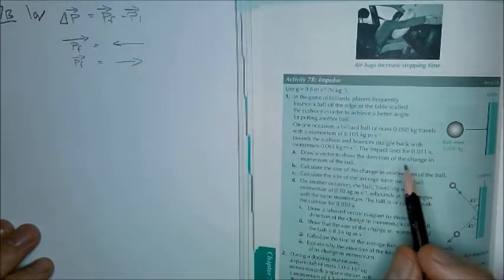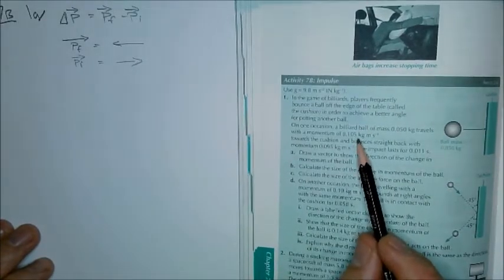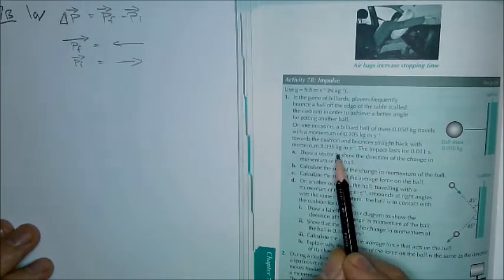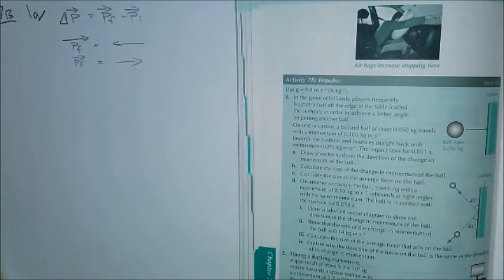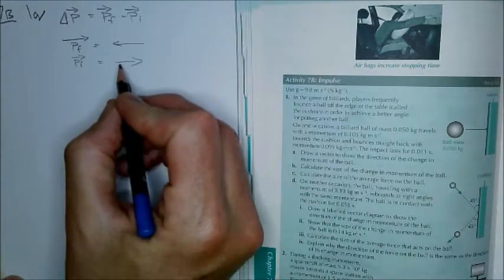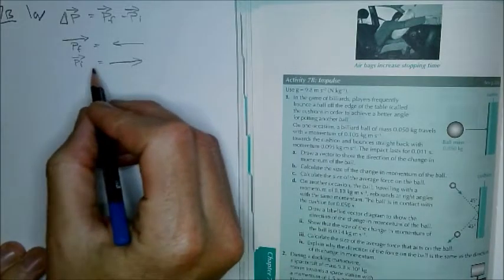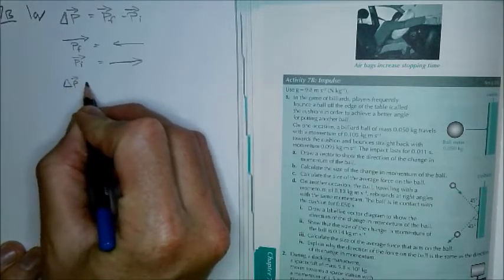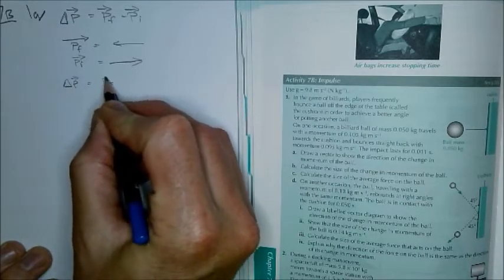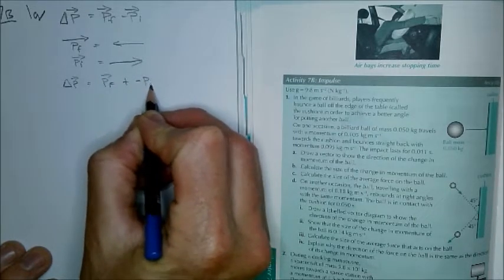Which one's supposed to be larger? It goes toward the wall with 0.105 kilogram meters per second of momentum, and it comes back with 0.095 kilogram meters per second. So the momentum toward the wall, pi, is larger than pf. If we do our vector diagram now, delta p equals pf minus pi, which is the same as pf plus negative pi.